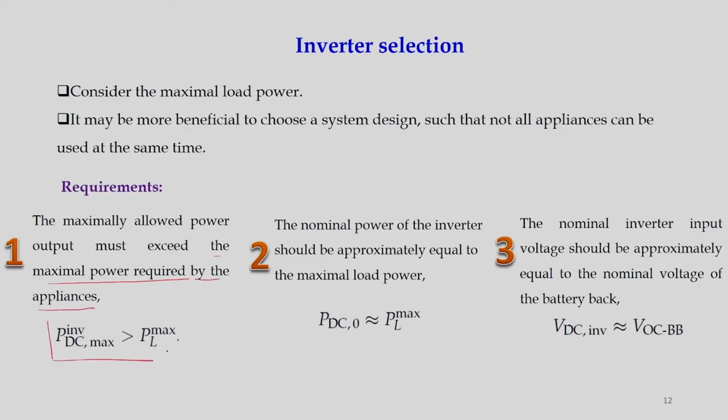So, PL max has to be less than the DC inverter power max. The second requirement is that the nominal power of the inverter should be approximately equal to the maximal load power.